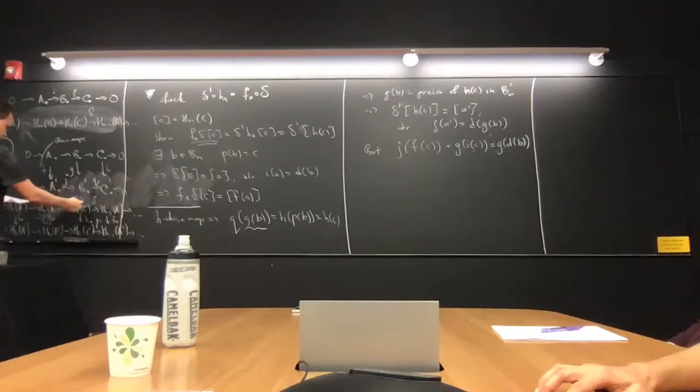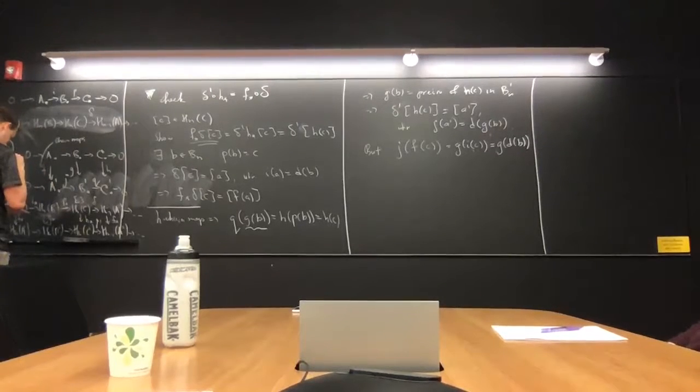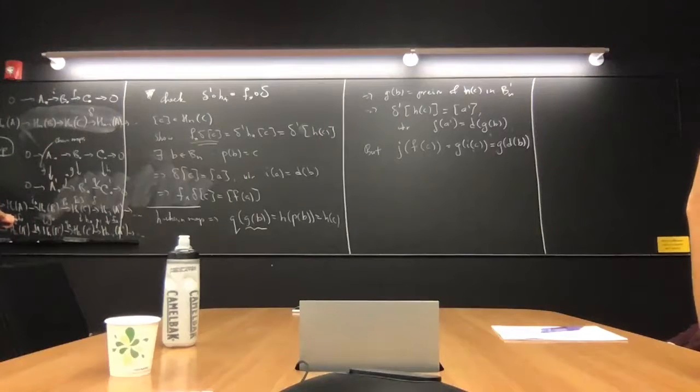I can't remember. Let's look at this. This is J star. This is P star. I'm taking J of F. Oh, did I screw up notation?